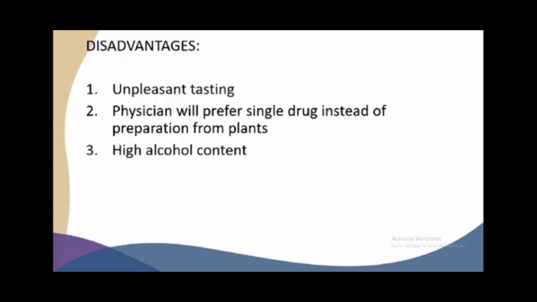Lastly, a disadvantage of the tinctures is that they have an unpleasant taste, so they are becoming a thing of the past already. They are not used much now because of their bad taste. Instead of oral tinctures, most people nowadays use the topical tinctures.